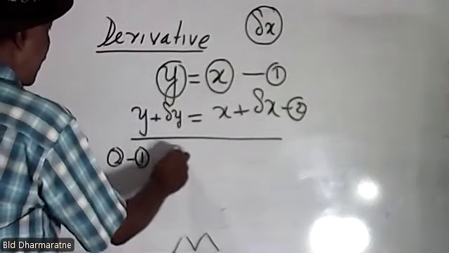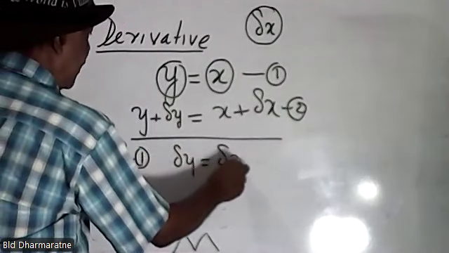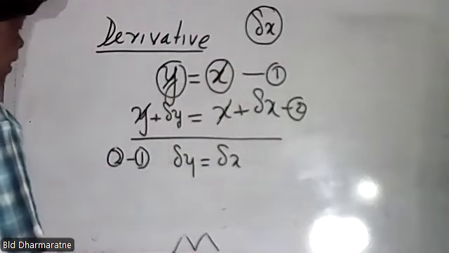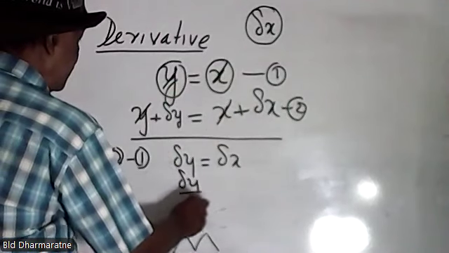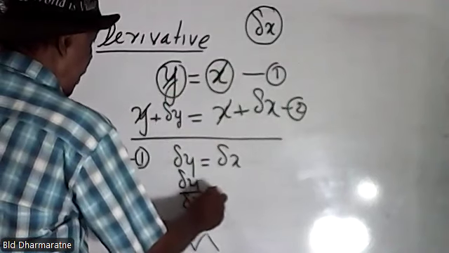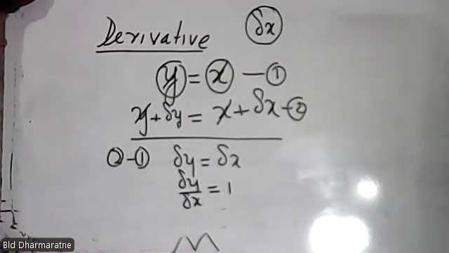Delta y equals delta x. x is cancelling, y is cancelling. Then delta y by delta x equals 1.